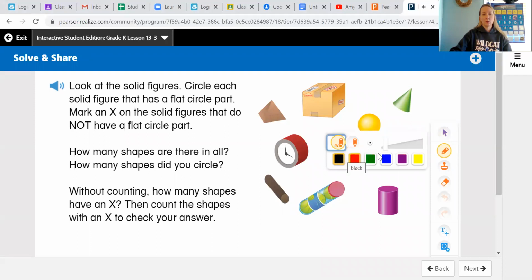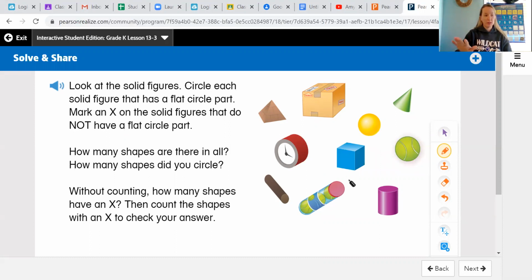All right, so here's what we are going to do first. They want us to look at all of these solid figures, so none of these are flat. We have a pyramid, rectangular prism, a cone, sphere, sphere, cube, cylinder, cylinder, cylinder, cylinder.